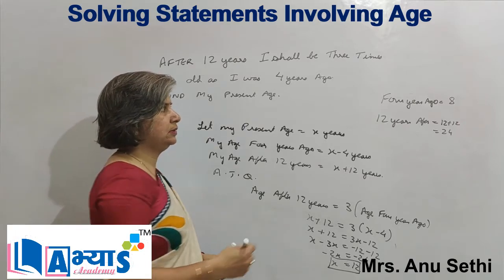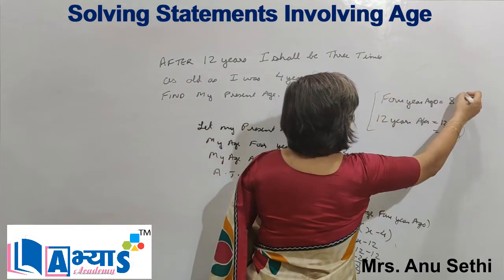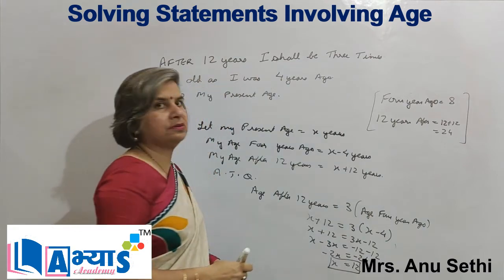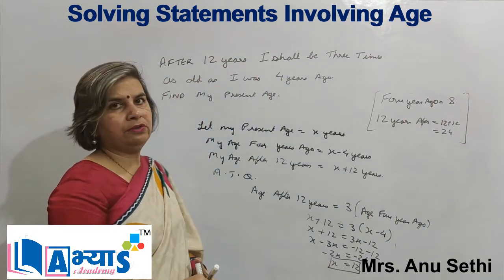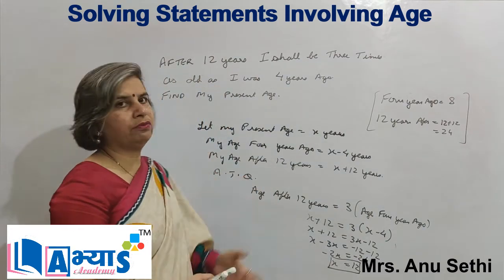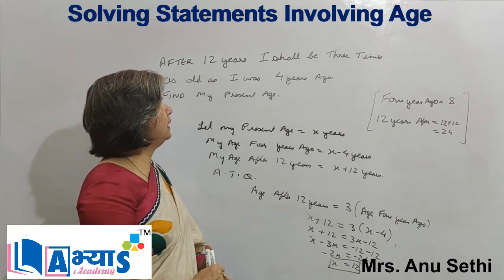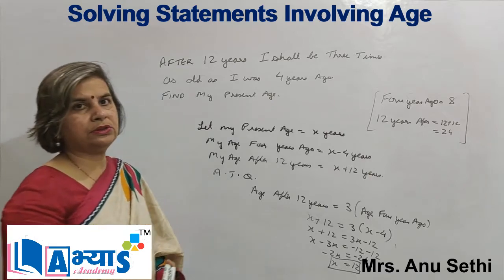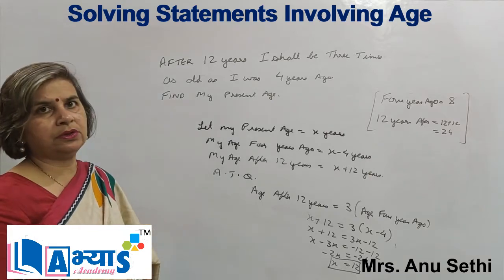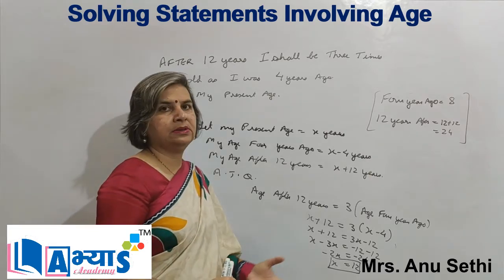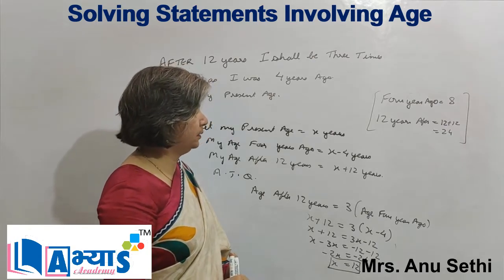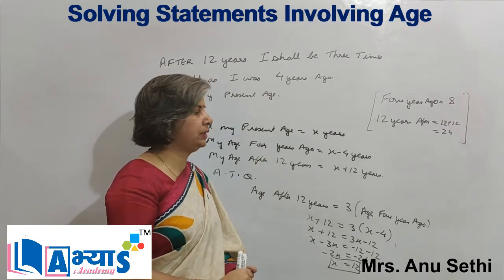So this is how we can verify the answer, whether the answer we have found is right or wrong. We will substitute the values and check the relationship that was given in the question. If this relationship holds true, we can say that the calculation has been done right, and the age I have calculated is correct.